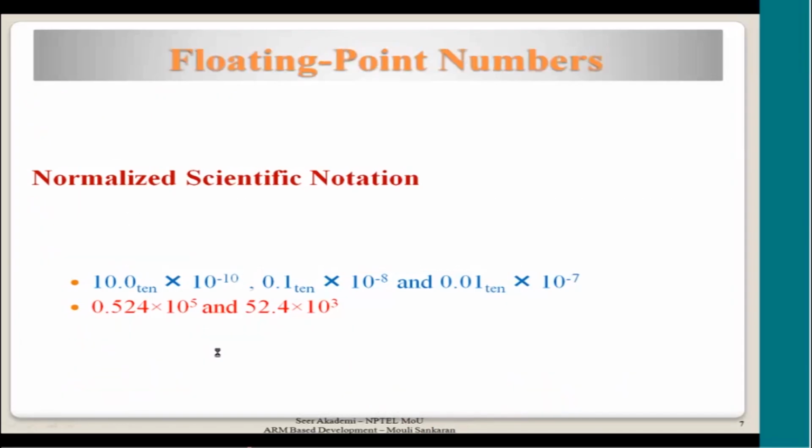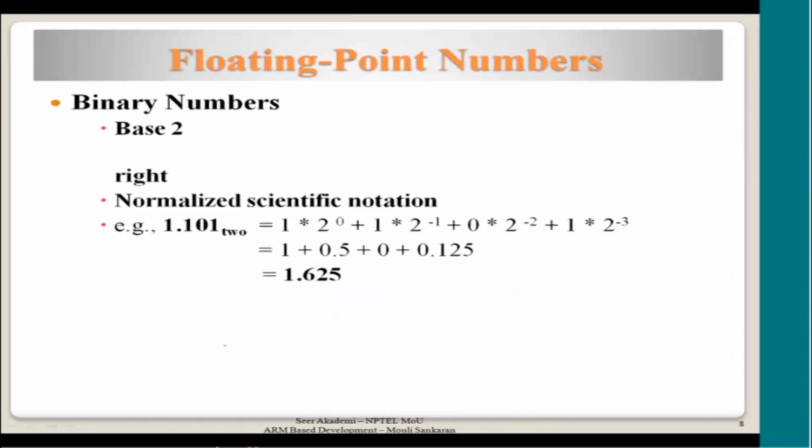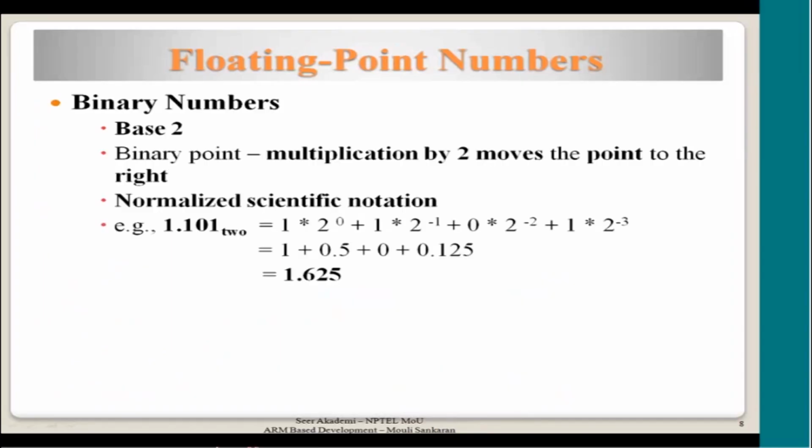Okay, so floating point numbers. Similar to the decimal world, I am now giving you a number whose base is binary. What is the value in decimal notation? Very simple.